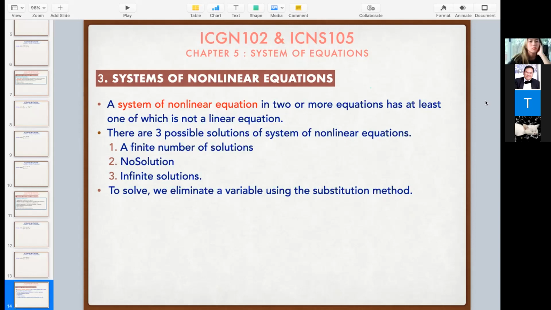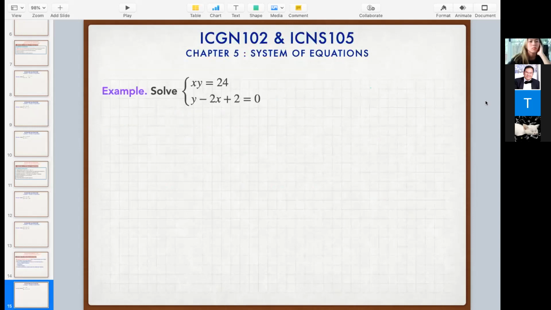Okay, now let's see. In this one, we will try to solve this nonlinear equation. Why do we call this one a nonlinear equation? We have equation number 1 and equation number 2. Equation number 1 here is nonlinear. It has the multiplication between the terms x and y together.